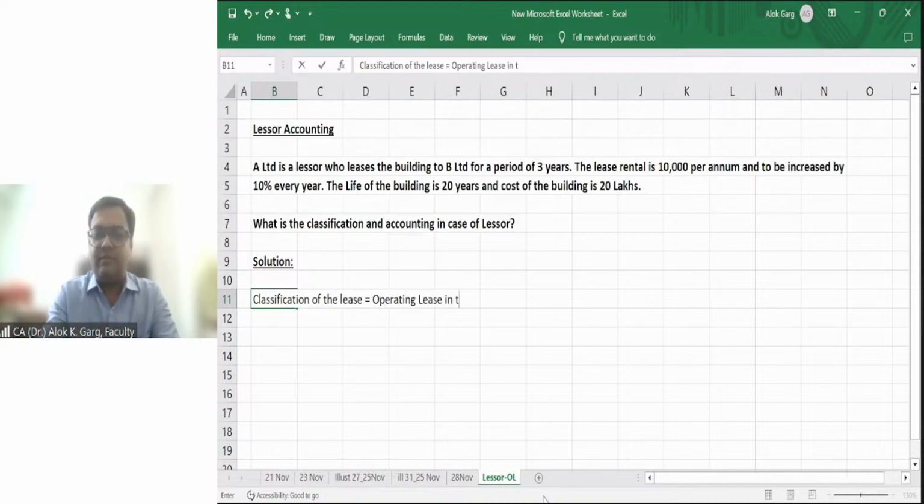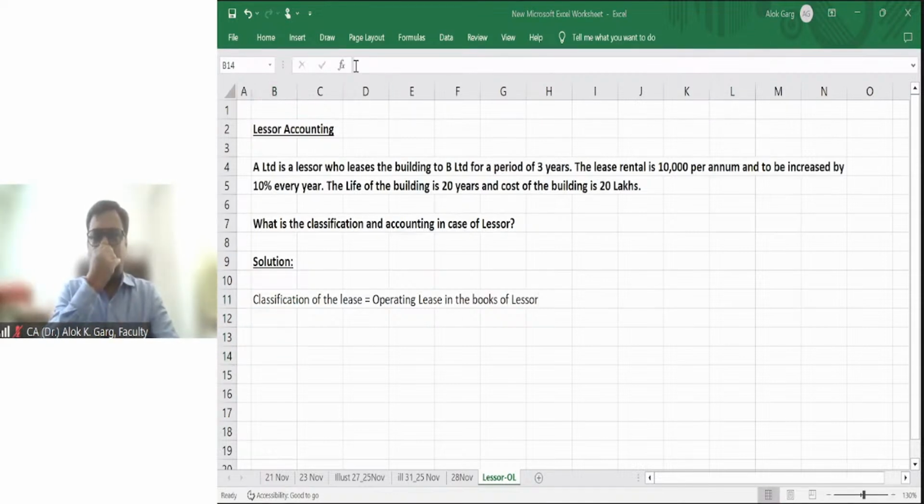In the books of lessor. In the books of lessee, there is no concept of operating or finance lease, right? Clear?